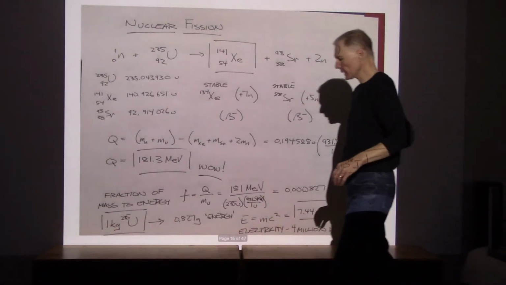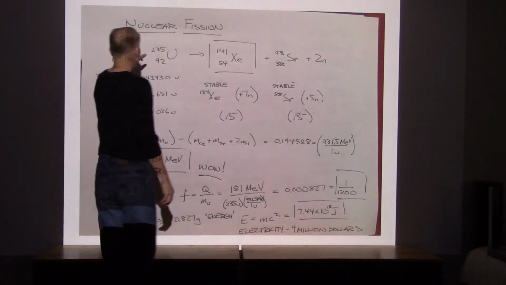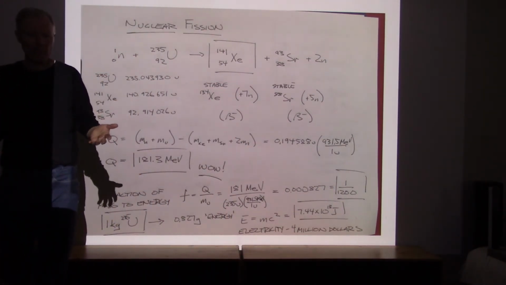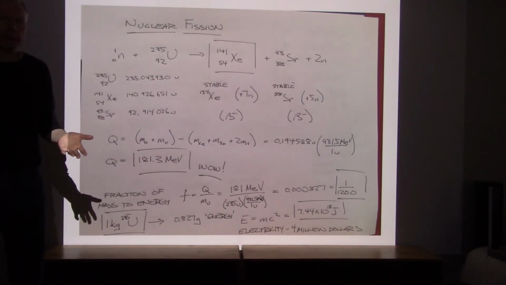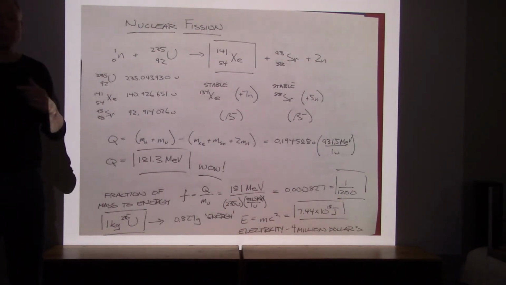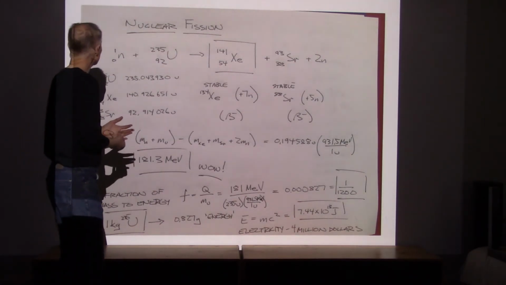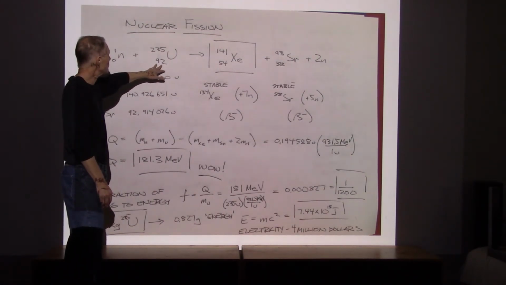So here's the reaction that they've given us. Now for nuclear fission, all that's happening are the protons and neutrons are being rearranged. So if I count numbers of protons and count numbers of neutrons and make them match before and after the reaction, that'll solve the problem. So it turns out that I started with 92 protons.